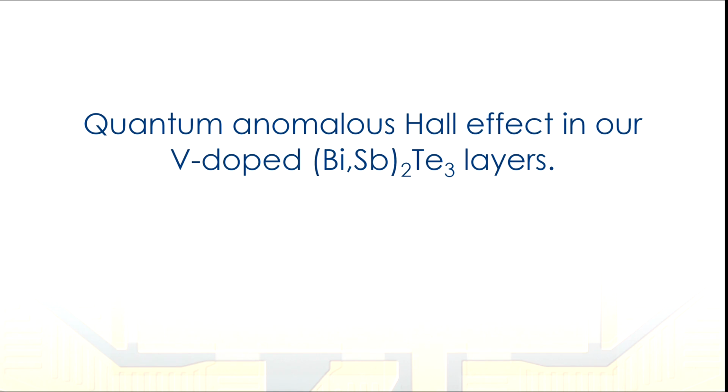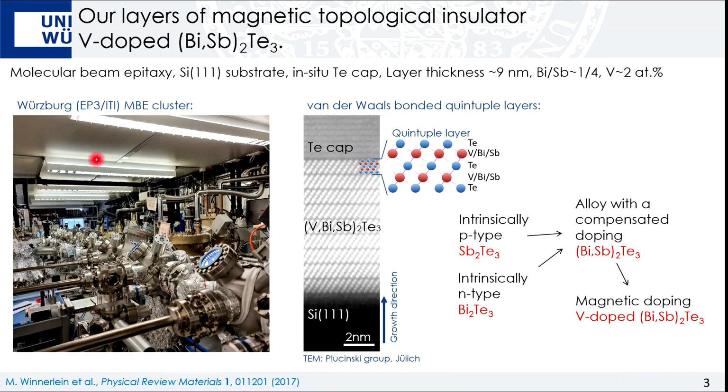Okay, so if we think about studying the quantum anomalous Hall effect, for us, the material of choice is vanadium-doped bismuth antimony telluride. We grow these layers using molecular beam epitaxy. This material you can think about as being a mixture of intrinsically p-type antimony telluride with intrinsically n-type bismuth telluride.